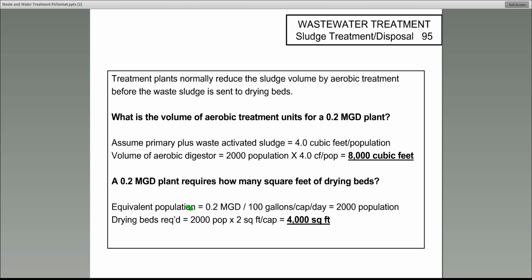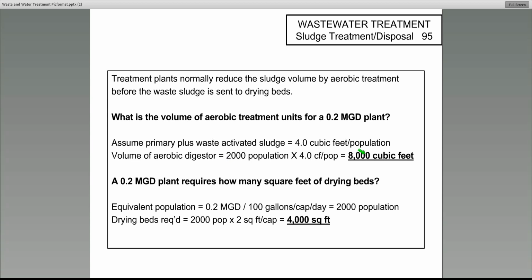The equivalent is 0.2 MGD divided by 100 gallons per day per person. This is average. We base it on an average when we're talking about sludge instead of peak. It'll be a 2,000 population. So the volume of the aerobic digester is 2,000 times 4, and that would give you 8,000 cubic feet needed for the aerobic digester to treat sludge.